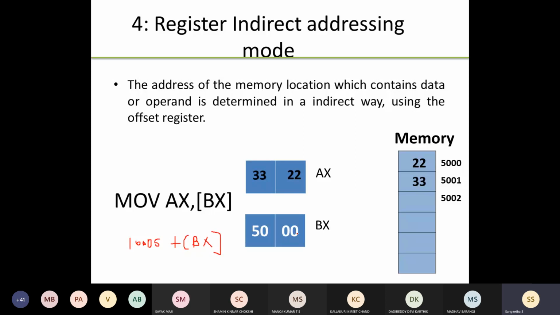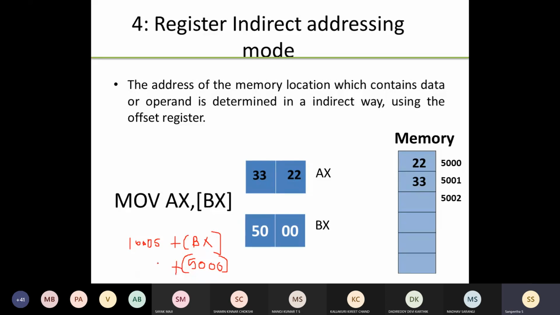5000, right? So this 5000, I have to get this address from the register. Previously, in direct addressing mode, in the instruction itself, they have directly specified the offset address. But here, the offset address will be stored in the register. We have to go to the particular register and get the offset address first, and then your effective physical address will be calculated, plus 10 into data segment.